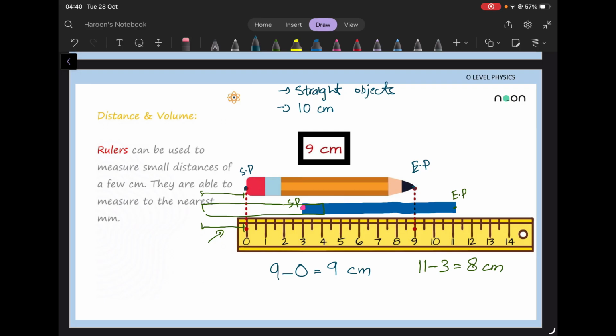Generally it can measure lengths of less than 10 as well. It's not as if it can't measure it, but for less than 10 we have other tools which are more accurate than this. From 10 centimeters to 500 centimeters. So basically this is 0.1 meters, just converting it in meters, to 5 meters.